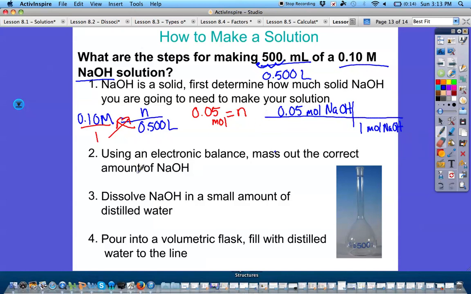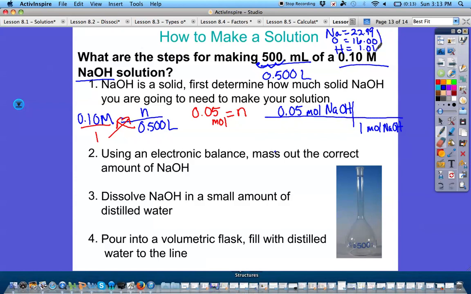So now we need to calculate the molar mass of sodium hydroxide. Sodium is 22.99. Oxygen is 16. And hydrogen is 1.01.